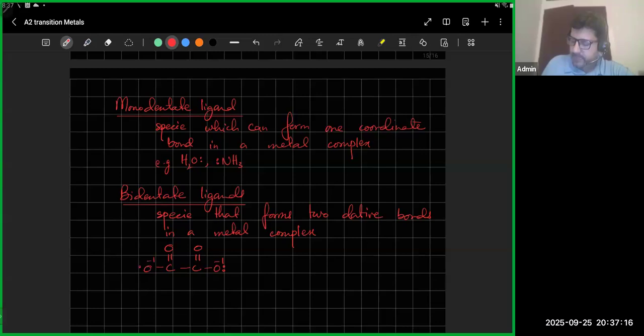And the other one is ethane 1,2-diamine, which is NH2, CH2, CH2, NH2. It's like two ammonias joined together.